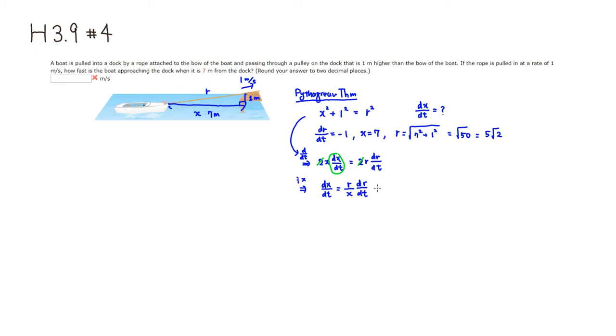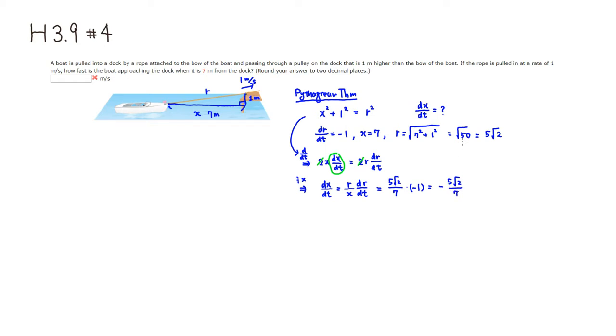This is equal to r, which we just found to be 5 square root of 2, x is equal to 7, and dr over dt is -1. So we have negative 5 square root of 2 over 7.